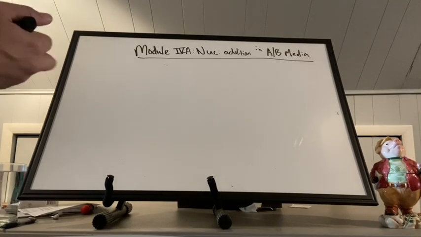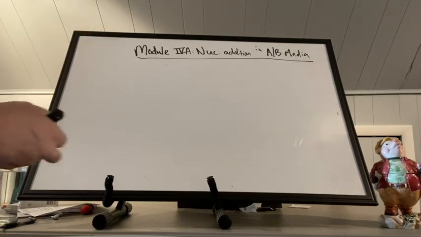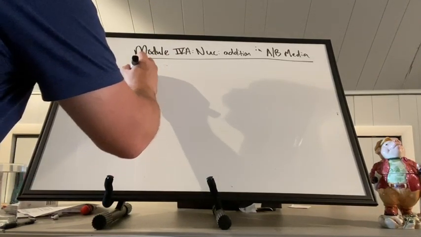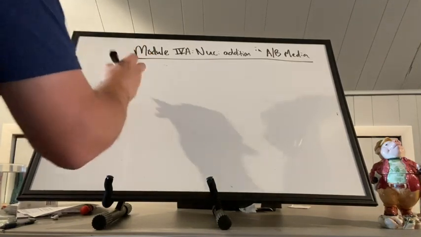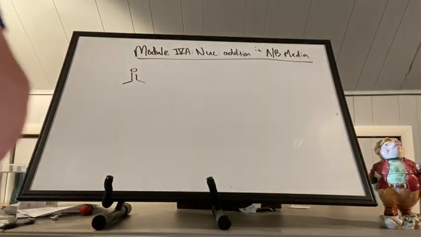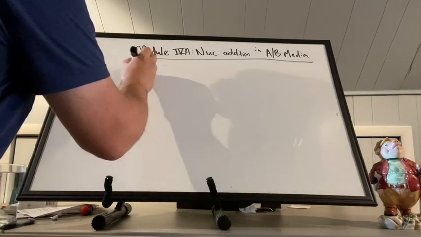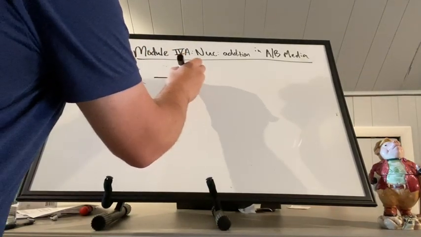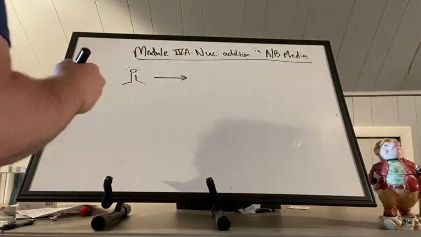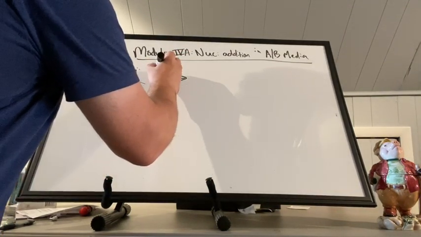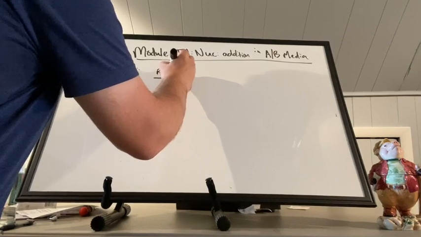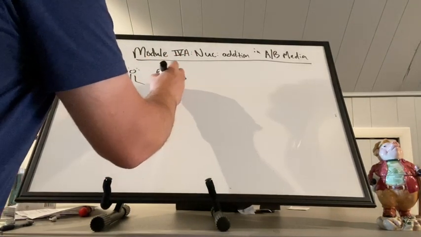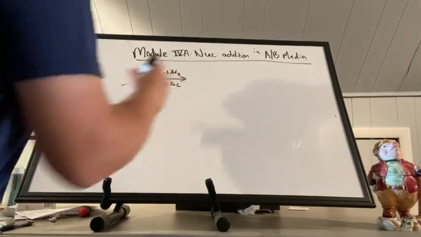Okay, the next transformation up is imine formation or Schiff base formation. So again, we're just going to take some generic ketone in this case. Okay, so if we have some kind of amine, say a primary amine of some kind, and then we use a weak acid.